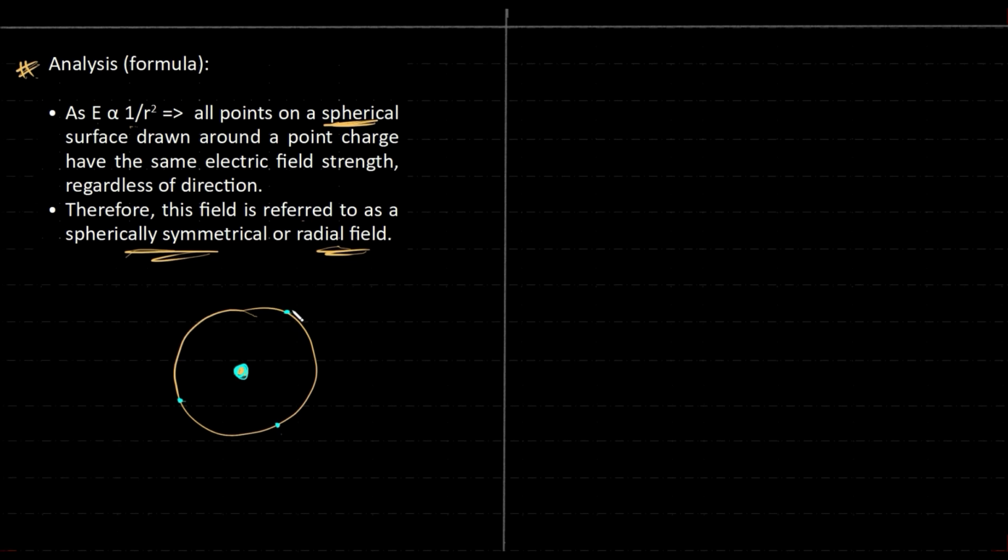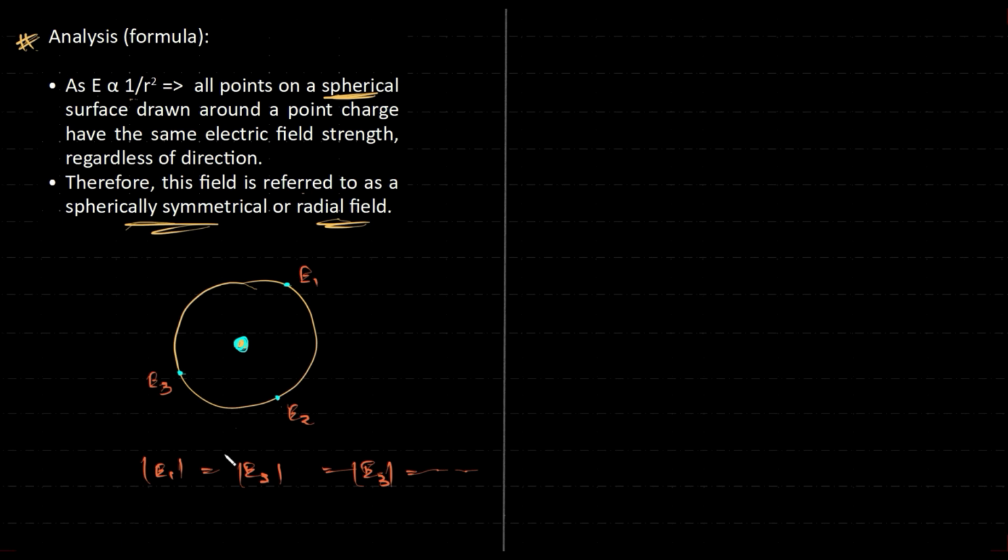Because the electrical field on any sphere with the point charge as center, the electrical fields E1, E2, E3 in terms of magnitude will be the same, because they are at equal distance from the center, right?